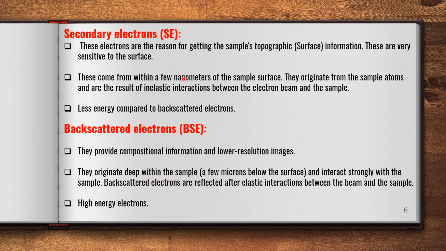Secondary electrons come from the topmost layer, a few nanometers, but backscattered electrons come from a few microns below the surface and interact strongly with the sample. Backscattered electrons are reflected after elastic interaction between the beam and the sample, whereas here inelastic interaction takes place.